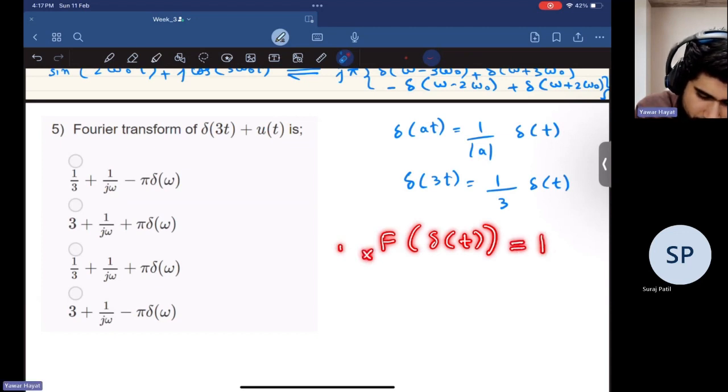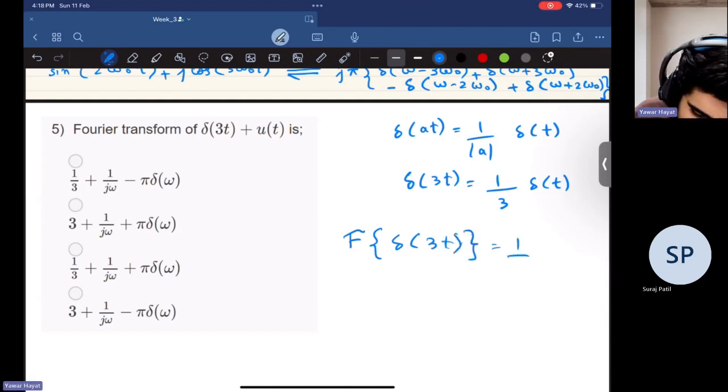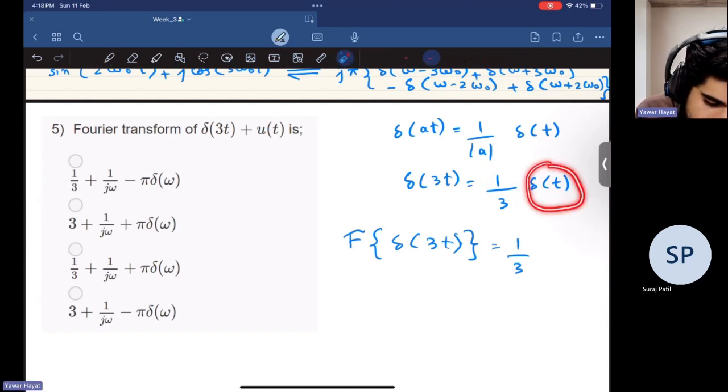So if I multiply 1 by 3 on both sides, essentially I get the Fourier transform of delta of 3t is, take this 1 by 3 factor out, Fourier transform of delta of t is 1.